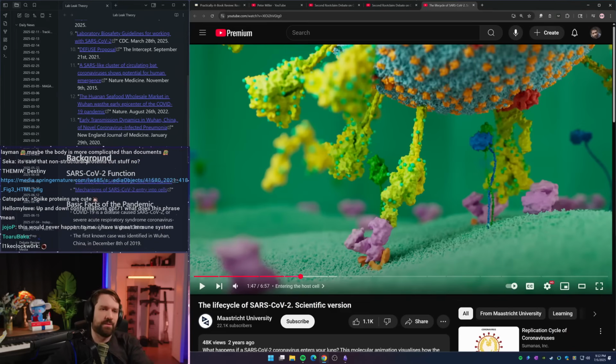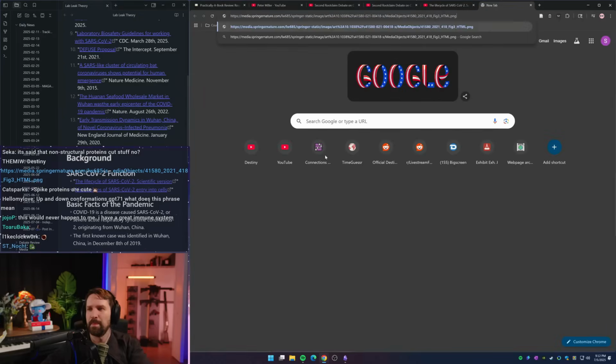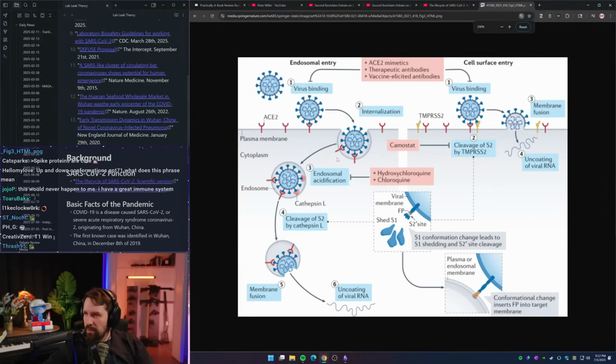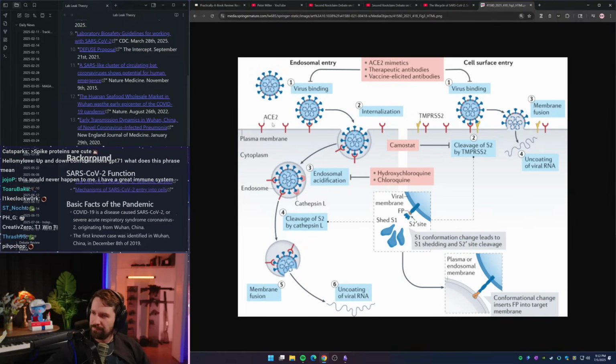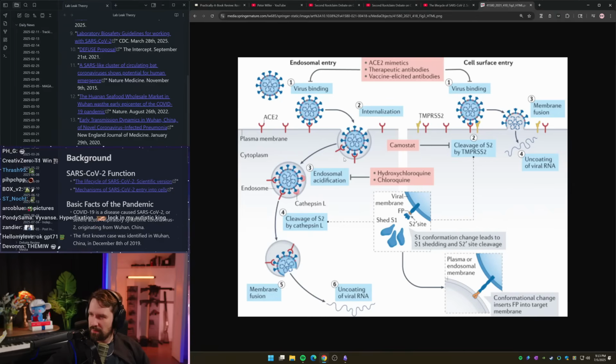Here, another picture. Okay, virus connects, internalization.